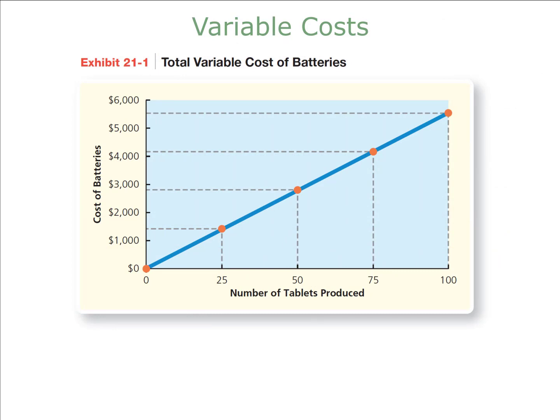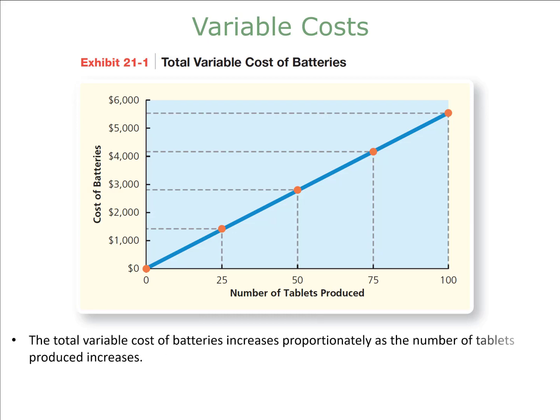Here's a graphical look at the variable cost of the batteries. All I did was take the chart from the previous slide and make it into a graph. As you can see, the total variable cost of batteries increases proportionally as the number of tablets produced increases, but the battery cost per tablet does not change.